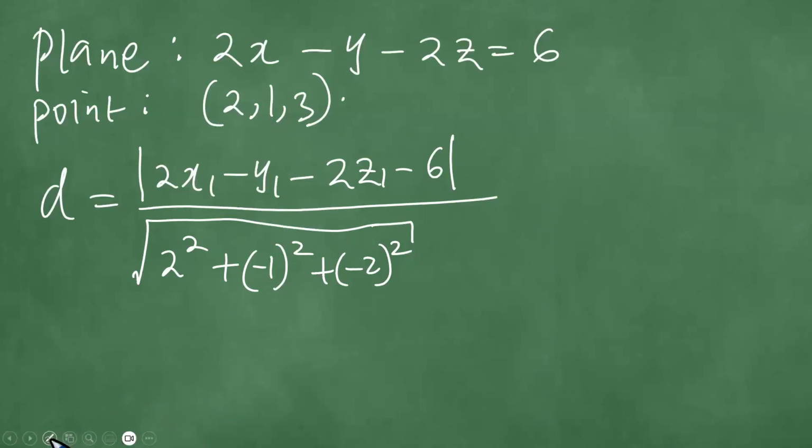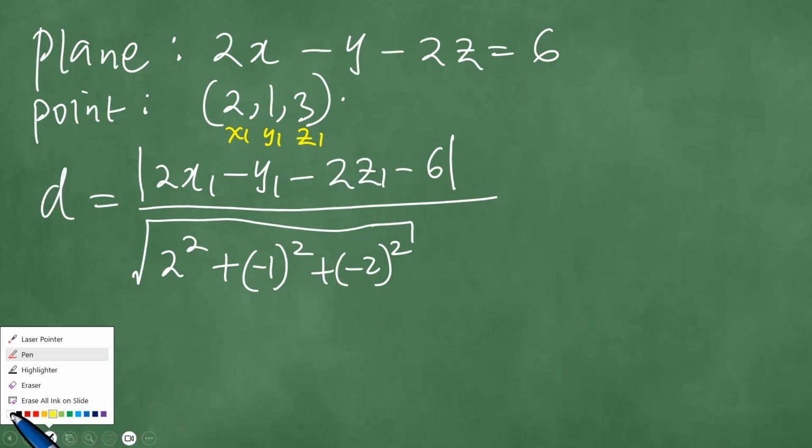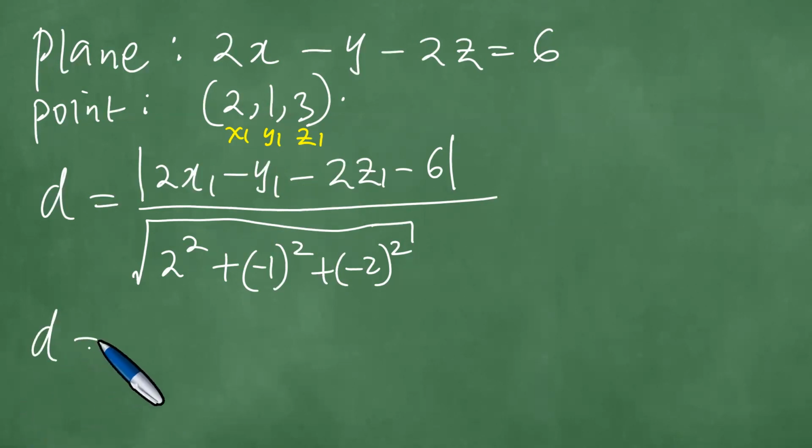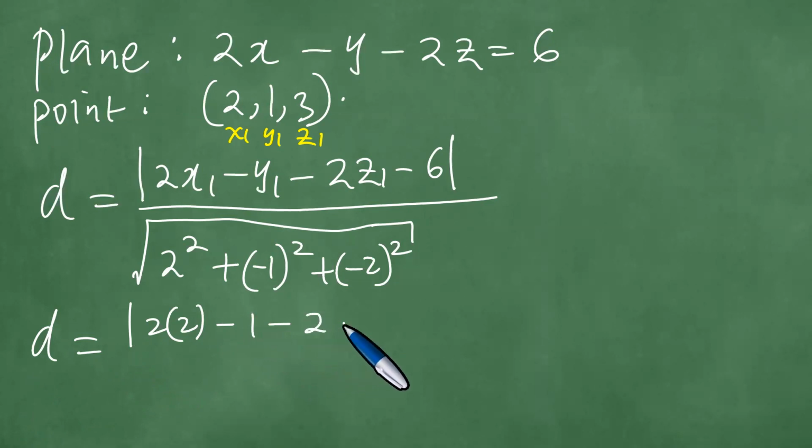So in other words, the first one is x1, y1, z1. So that D now is given as follows: 2 into 2 minus 1 minus 2 into 3 minus 6.